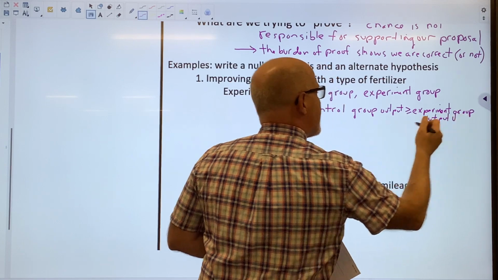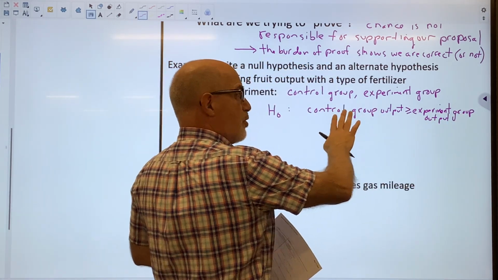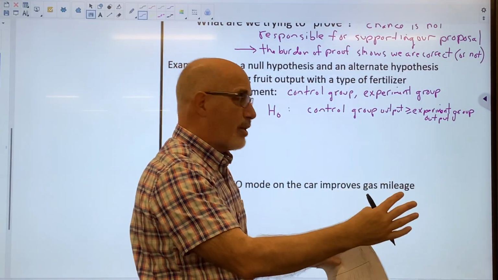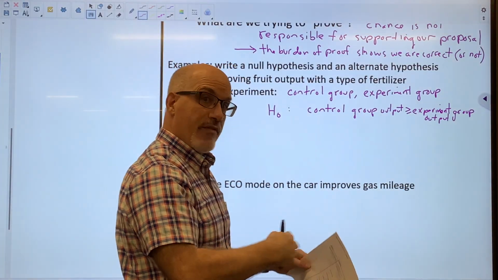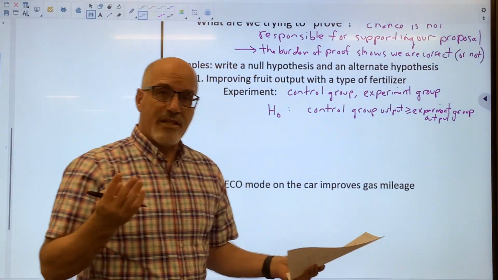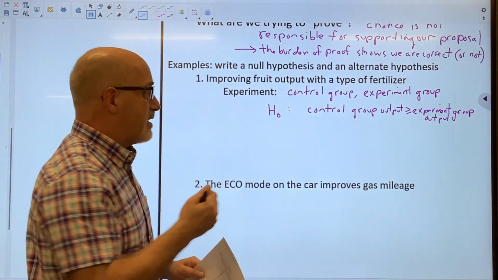What we're saying is, if the control group, which didn't have the fertilizer, shows the same output as the experiment group, or even more output than the experiment group, then our original proposal isn't true. The fertilizer doesn't help it.